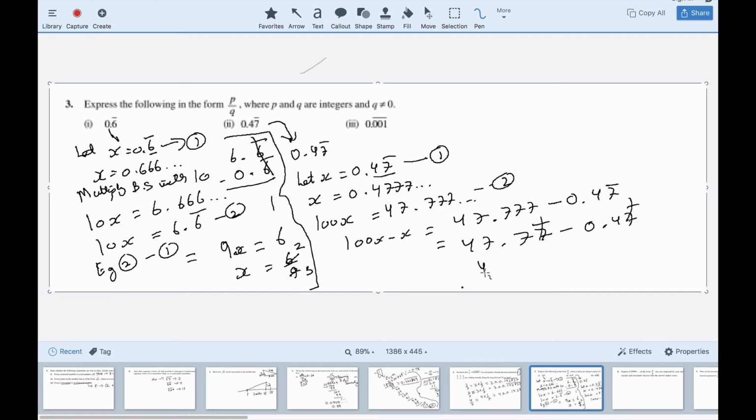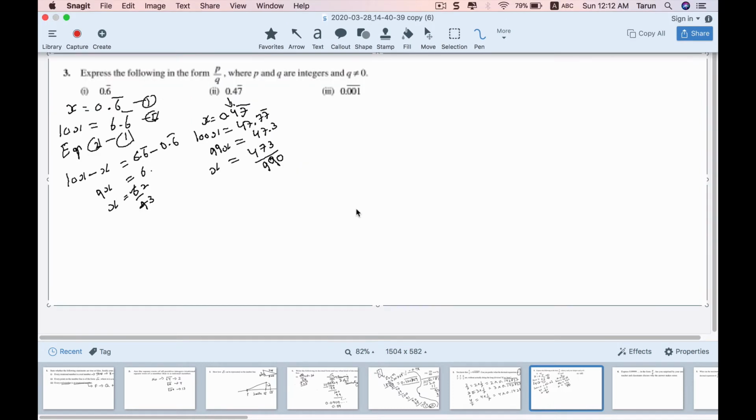I will be left with 47.3 is equal to 99x. So now I can either multiply both the sides with 10, or I can first write it as 47.3 upon 99 and then multiply by 10, which will give me 473 upon 990.